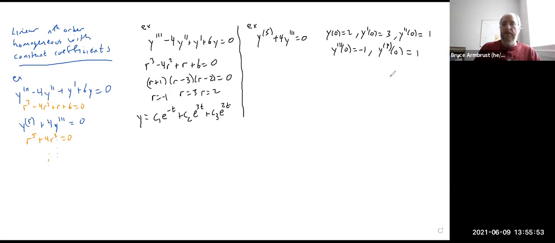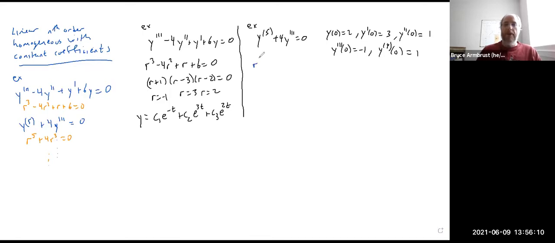I just put some numbers here, but this is what this as an initial value problem would look like. So fifth order, we have 5 different conditions.